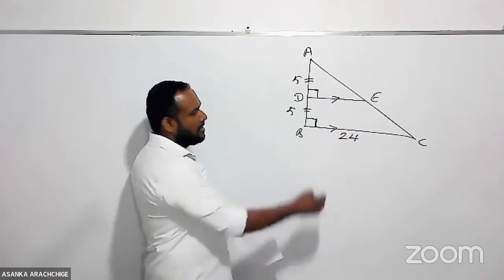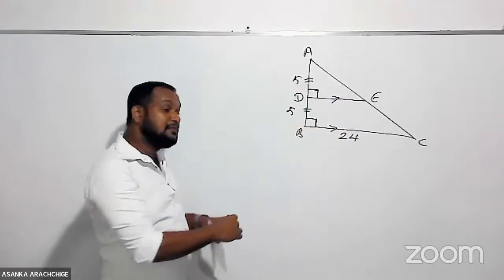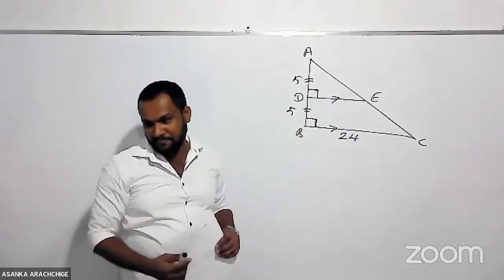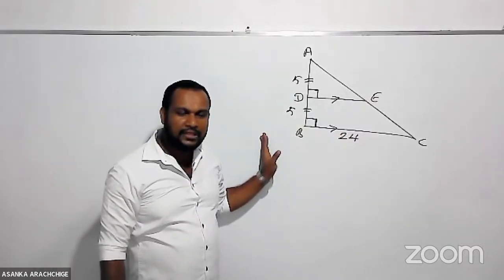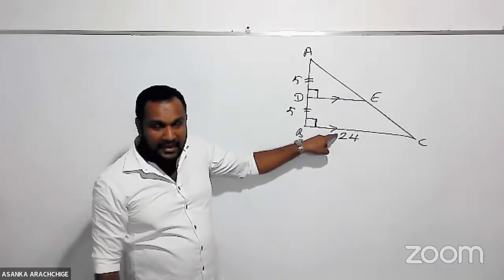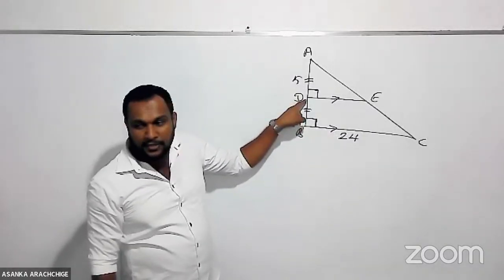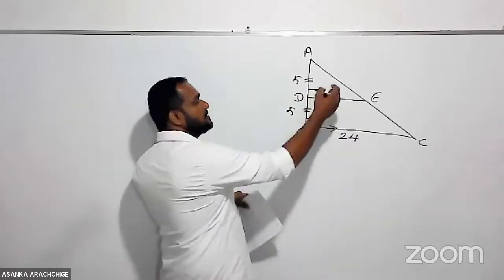This is the midpoint of this side. The converse of the midpoint theorem: the line drawn parallel to one side of a triangle from the midpoint of another side bisects the remaining side.